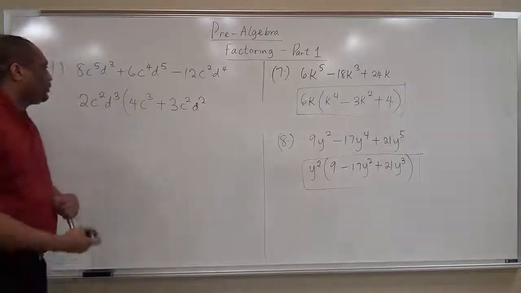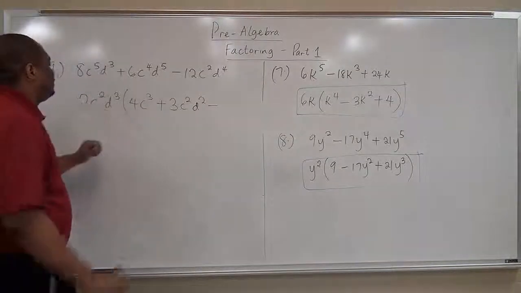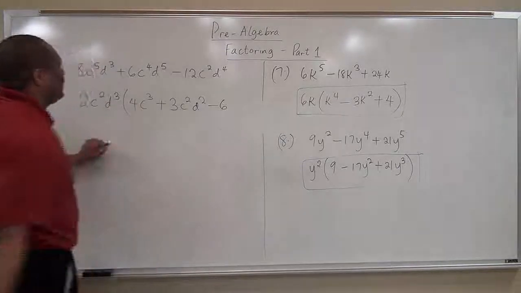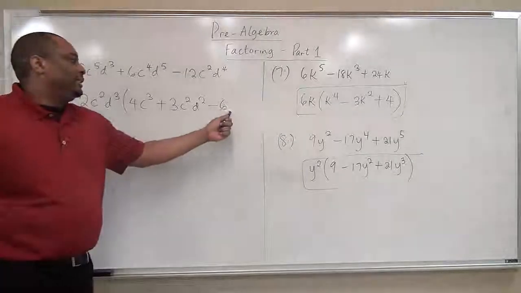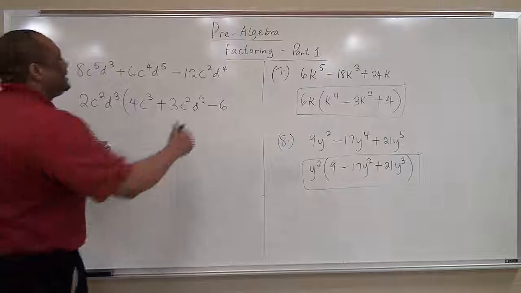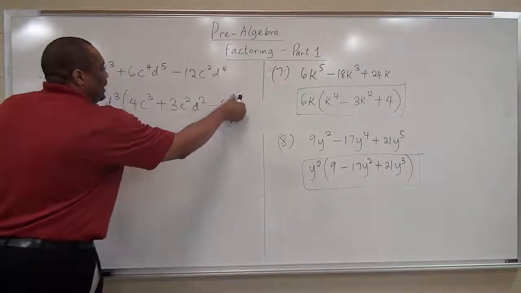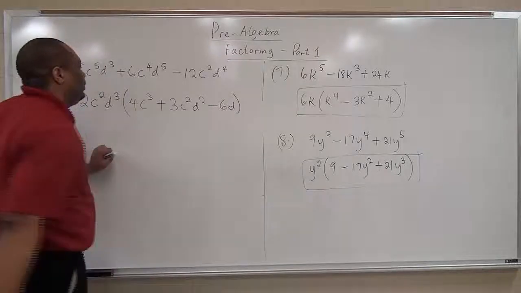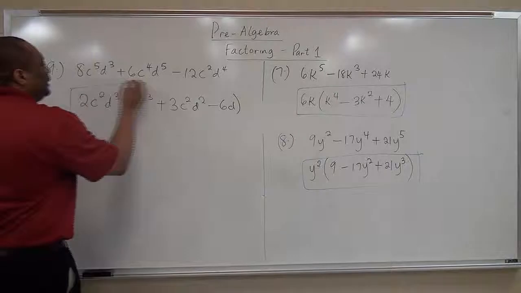Then this minus stays as minus. 12 divided by 2 is 6. c squared divided by c squared is 1, so please don't write 1 here. Then d⁴ divided by d cubed is d¹, which is d. Some folks write 1 here, but we don't want to put 1. And this becomes your answer.